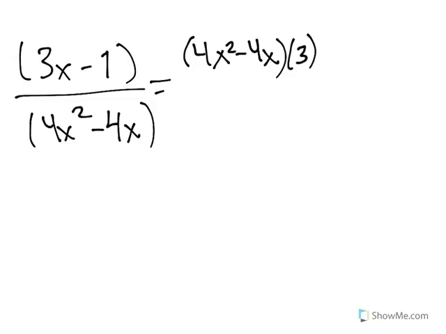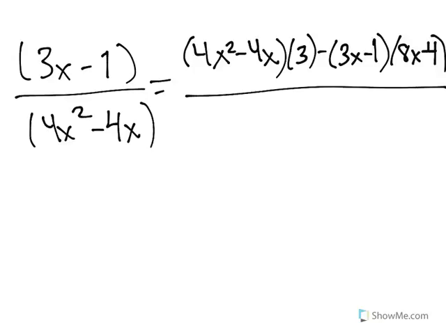In this case, it's only 3, minus f of x, so that's 3x minus 1, I'm sorry, times the derivative of g of x, which turns out to be 8x minus 4, over g of x squared, so that's 4x squared minus 4x, all of that squared.